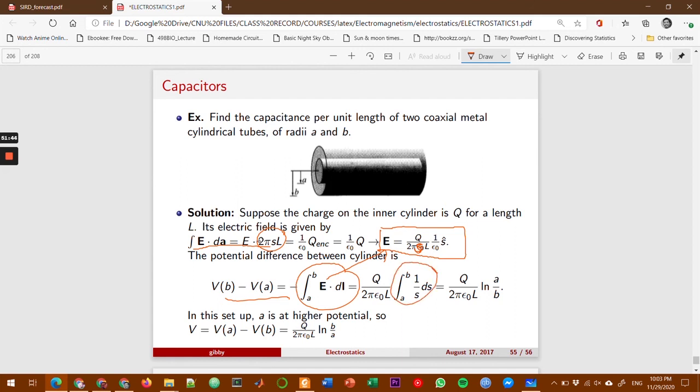You can easily integrate this as 1 over S, which is ln of S. Evaluating this integral, you get ln of A over B.